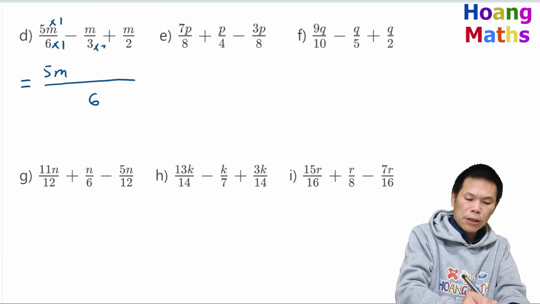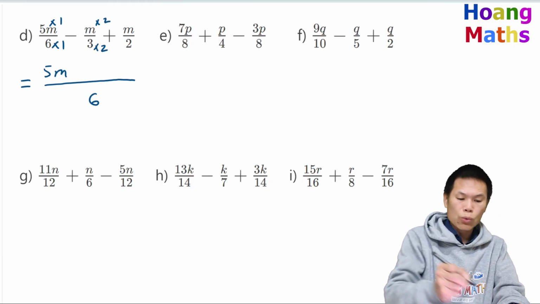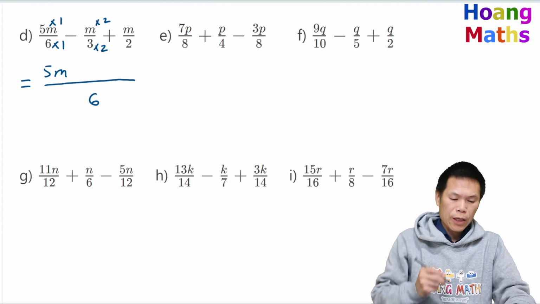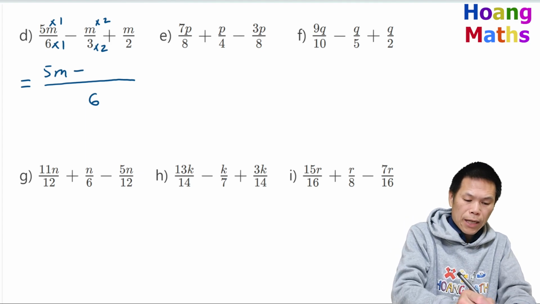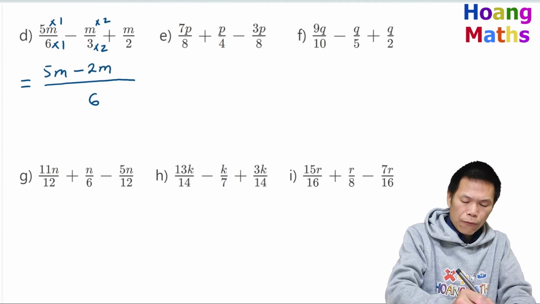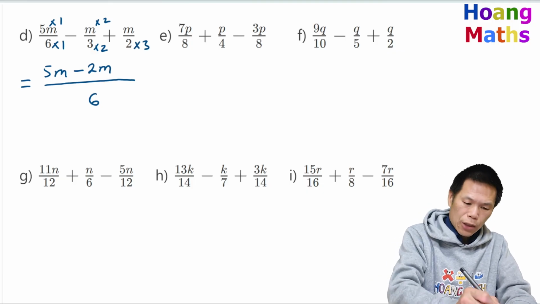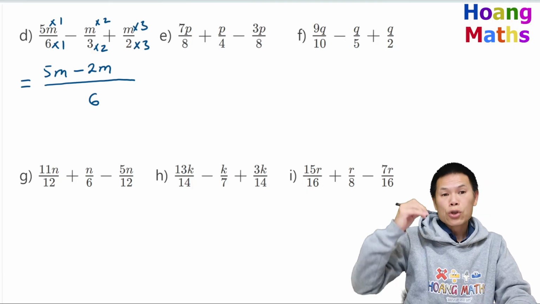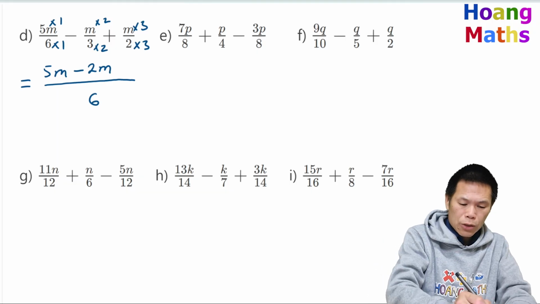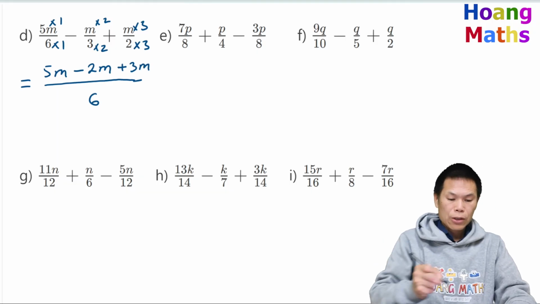This one, I times this by 2. So 2 times m gives me 2m. So minus 2m. And from 2 to 6, I times by 3, because 3 times 2 is 6. So I times this by 3 as well. So m times 3 gives me 3m. So we add 3m. So there you go.